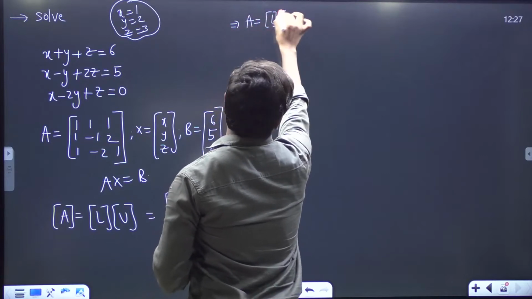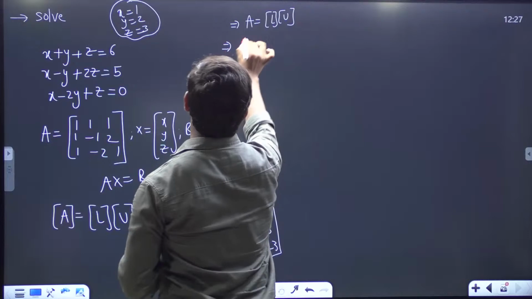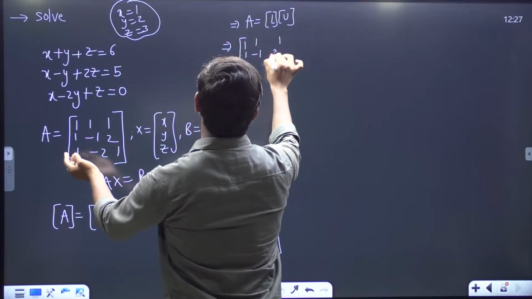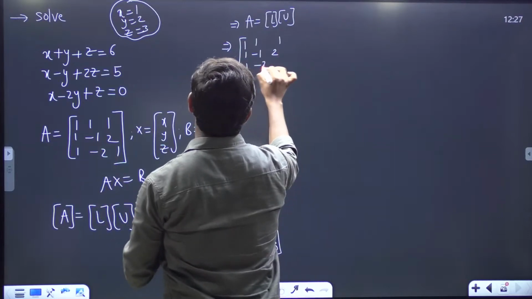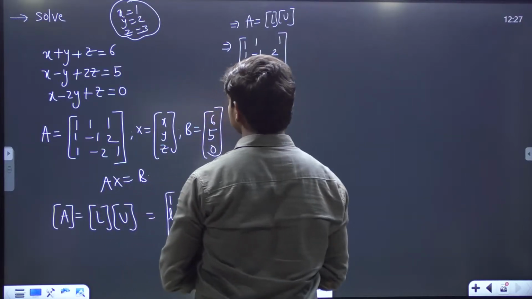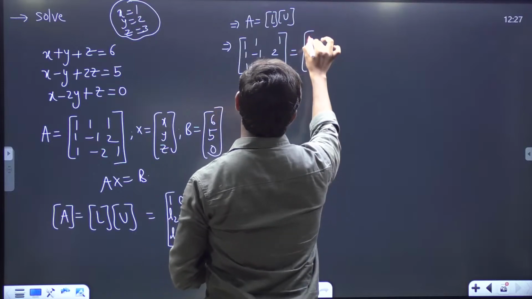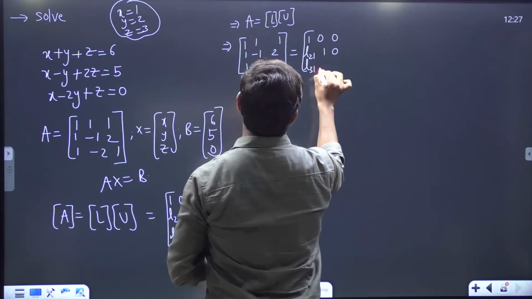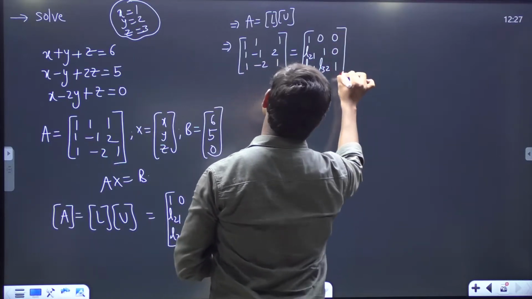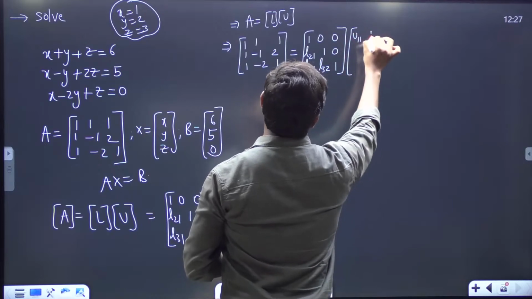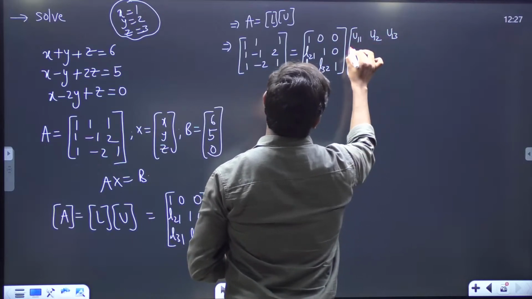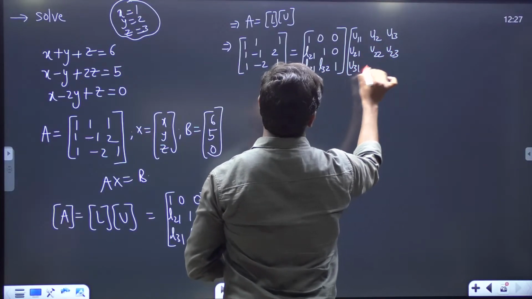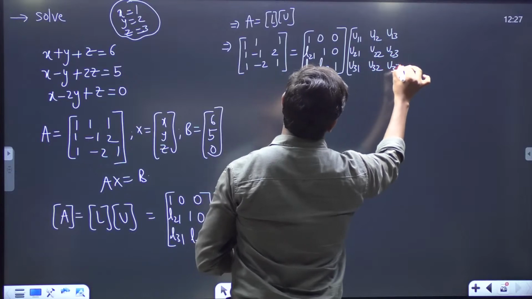Okay, so this implies A is equal to L into U, correct? So what is A? This matrix [1, 1, 1; 1, -1, 2; 1, -2, 1]. This is the same as [1, 0, 0; L21, 1, 0; L31, L32, 1] multiplied with [U11, U12, U13; U21, U22, U23; U31, U32, U33].